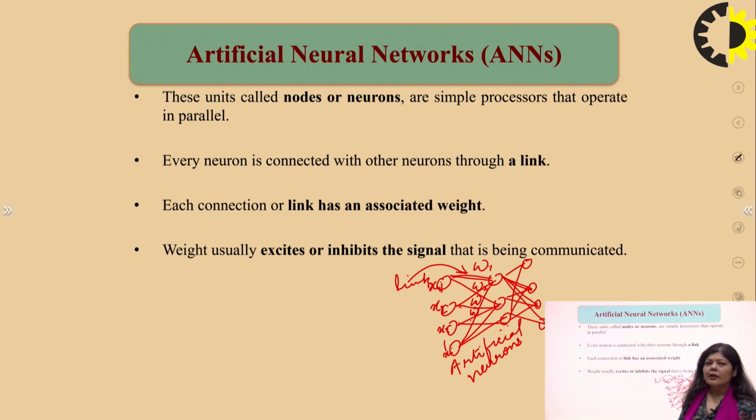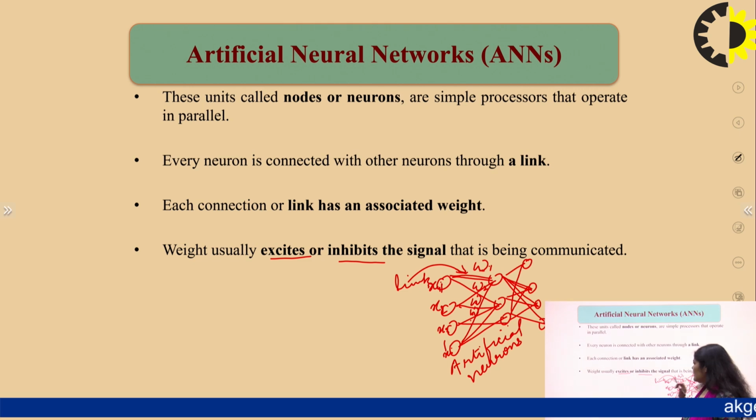Now after this, we need to understand the utility of these weights, why these weights are used inside the network. As we can see, weights usually excite or inhibit the signal that is being communicated between two neurons. Once a neuron processes the information it has received, and we apply the weight on the connection, this link is the medium through which the processed information passes from one neuron to the other.